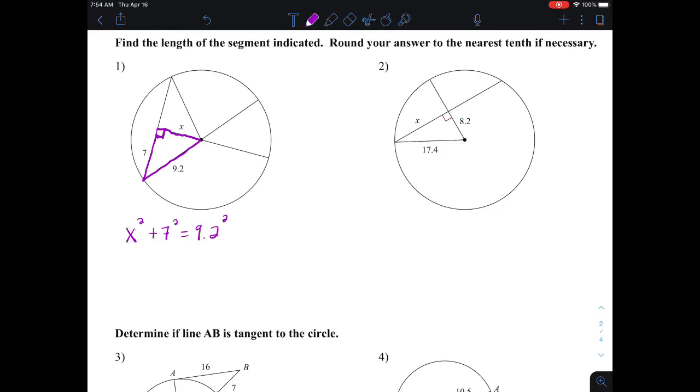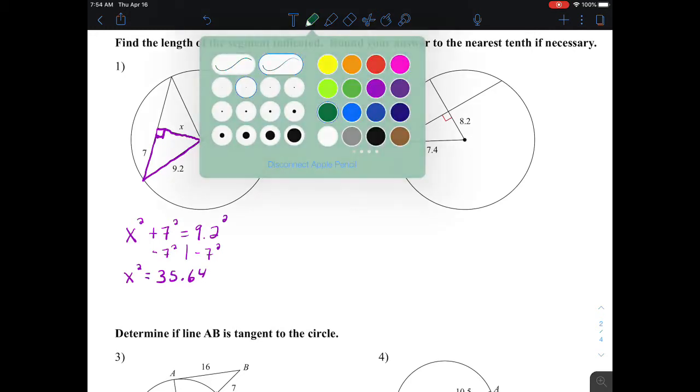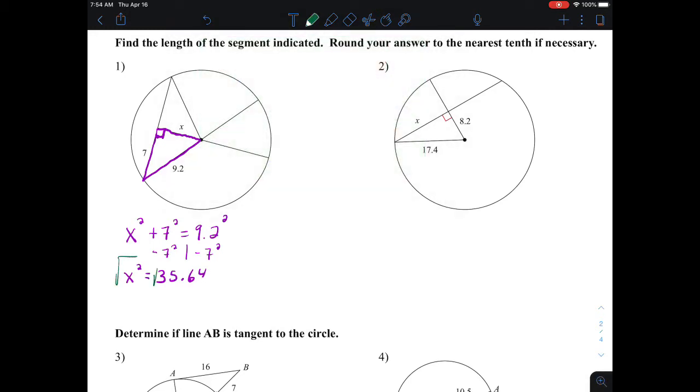Then I would work to solve from there, so I would subtract 7 squared to the other side. That gives me x squared is equal to 35.64. Then I take the square root of both sides, and x is going to be 5.97.